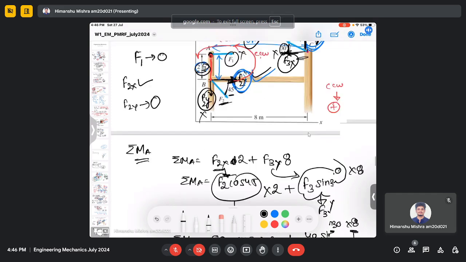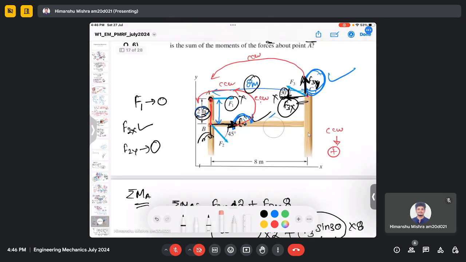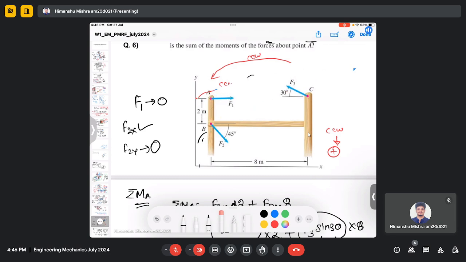So just to recap, we were given multiple forces and we need to figure out the moment at point A. First we verified which force is creating the moment. Here this force is not creating the moment because there is no perpendicular distance. Then we found the component of F2 and found that this is not creating any moment and only this is creating moment.